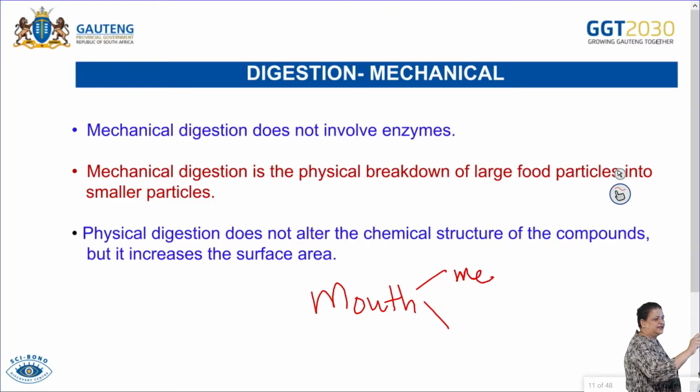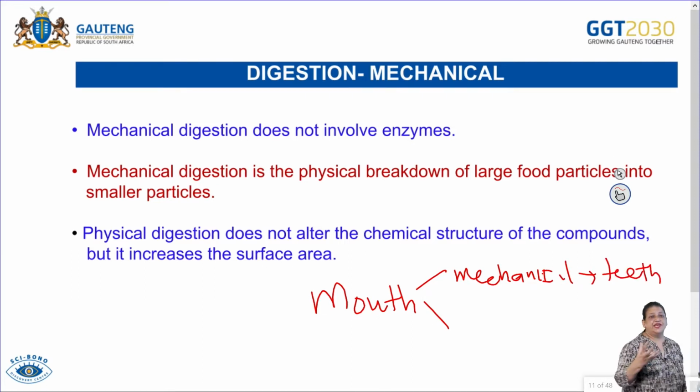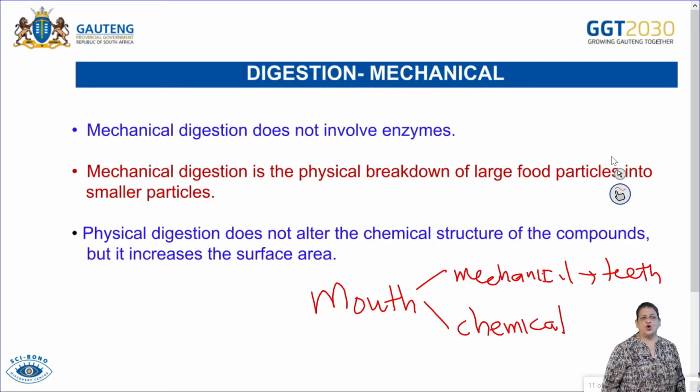One is mechanical, brought about by the teeth, by chewing, to break it into small pieces. Once the food is broken down into small pieces like your starch, then that food is going to be broken down by enzymes from your saliva. And that is called chemical digestion.